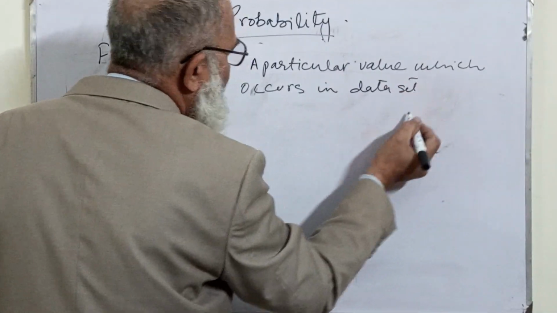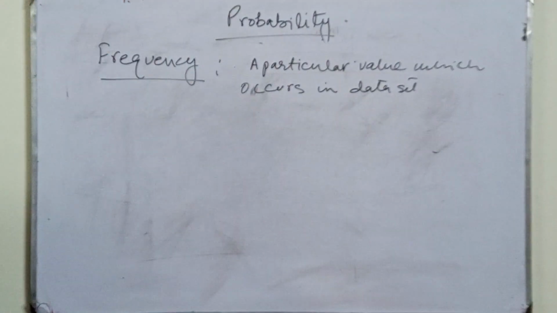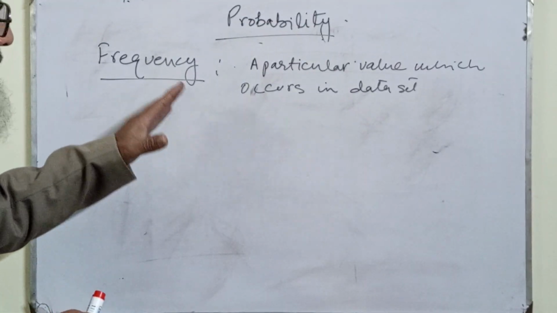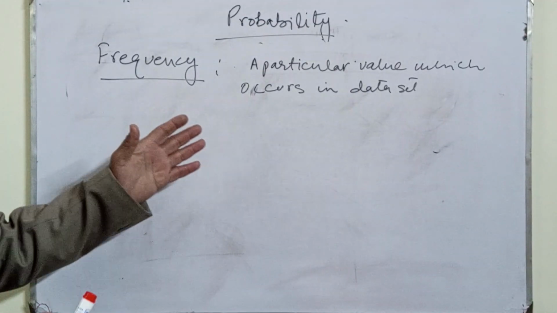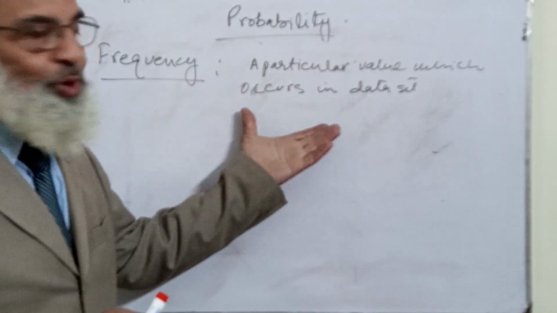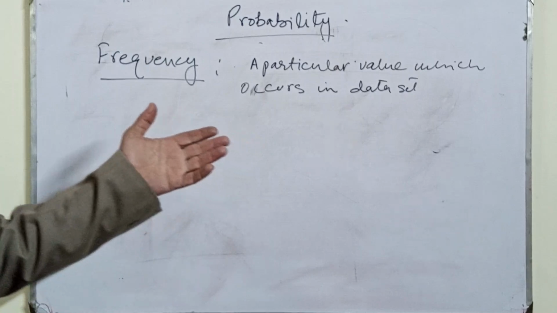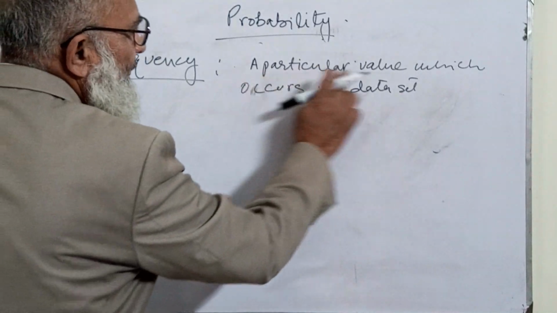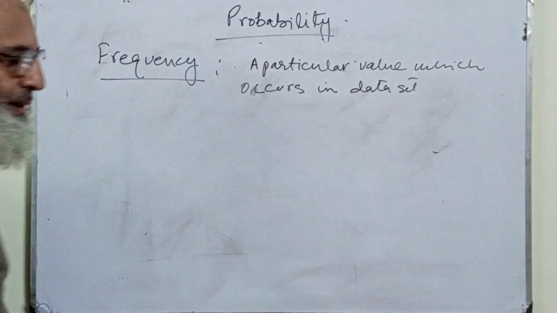I should have multimedia to show you the slides, but I don't have it so far. It is my constraint. So, a particular value which occurs in a data set.